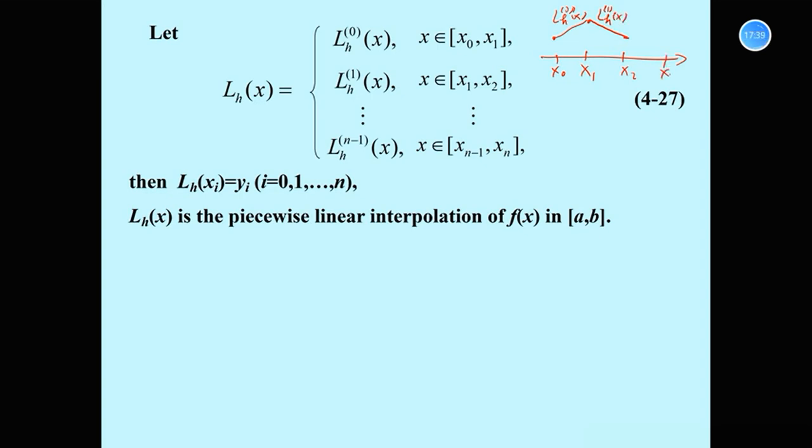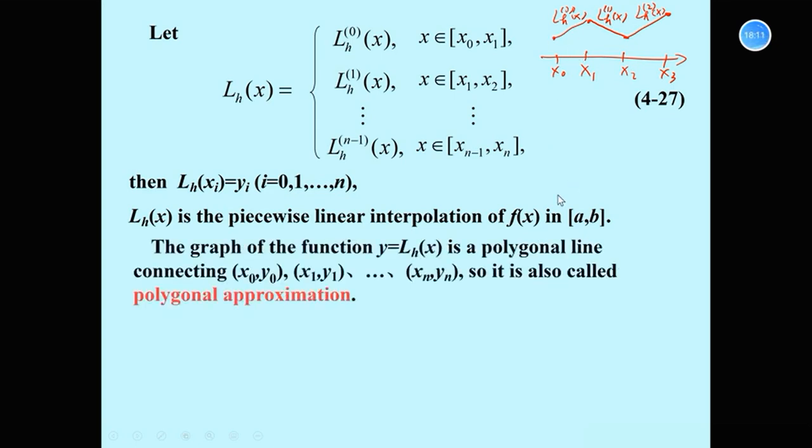And the next, x3, for example, here, this straight line is denoted by LH2(x). For each interval, we use a straight line, a linear polynomial, to interpolate the 2 points. We just use this symbol, but you only need to understand the idea.